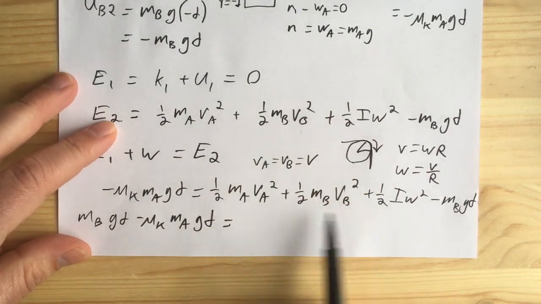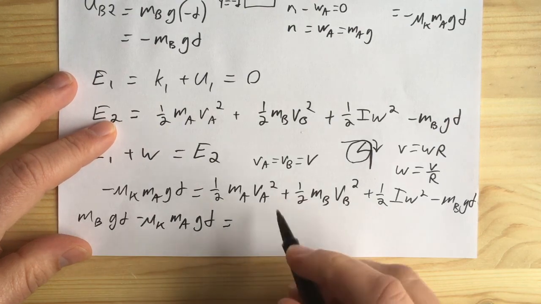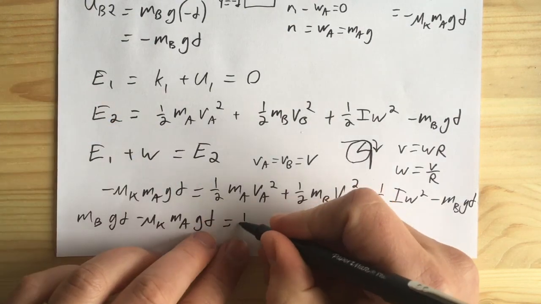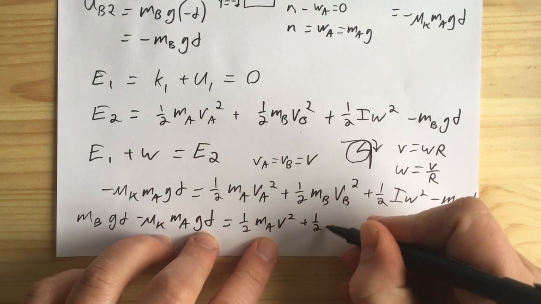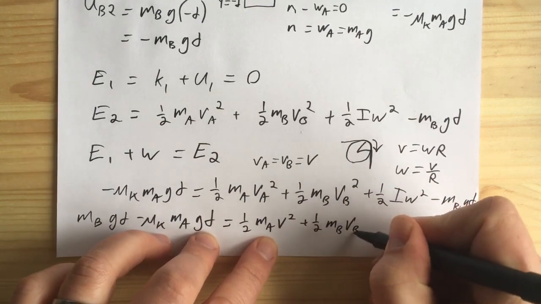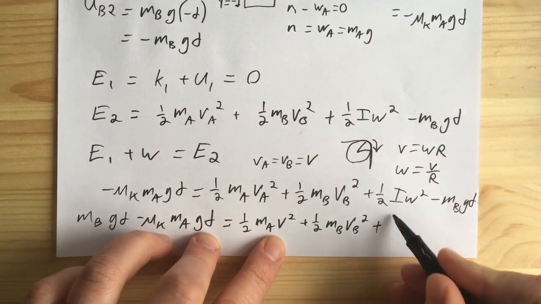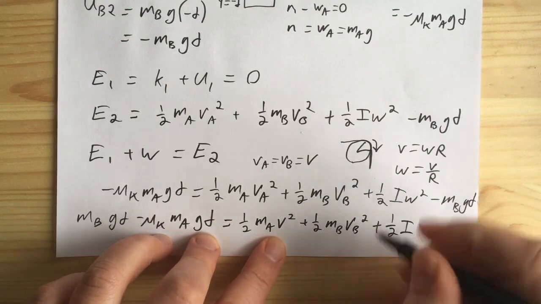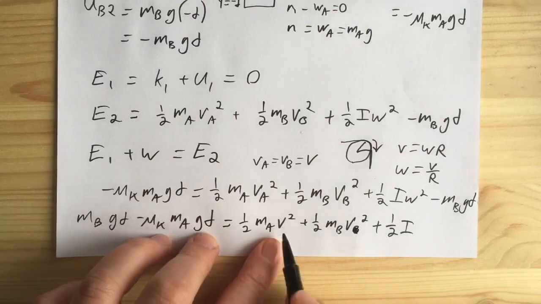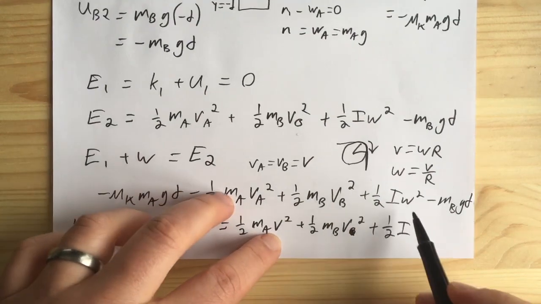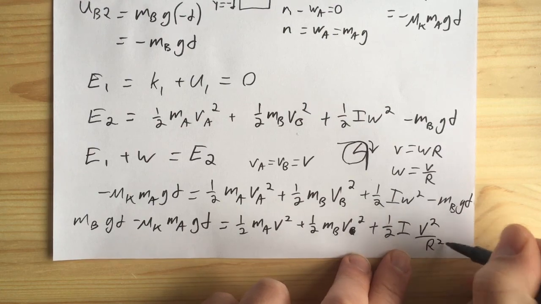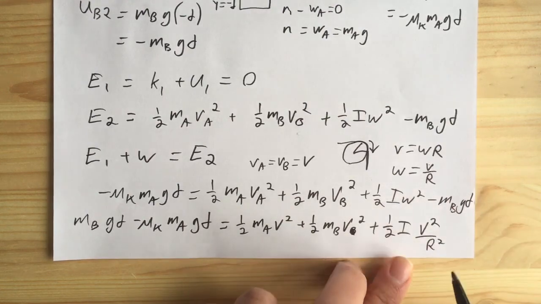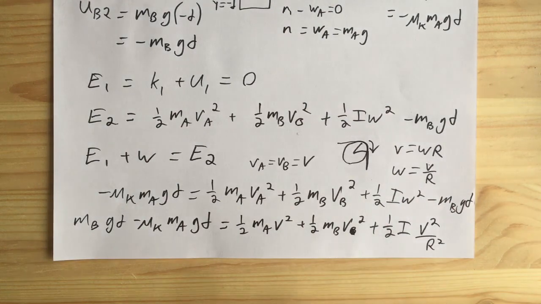Here I have a bunch of terms with velocity in them. And then I'm going to play that trick, 1/2 I, I'm sorry, I don't need the B there anymore, this is just velocity. And I'm going to replace my omega squared with v squared over r squared. Omega is equal to v over r, so omega squared is equal to v squared over r squared.